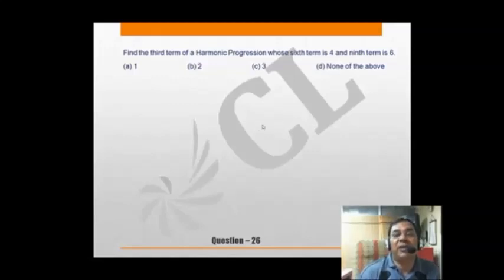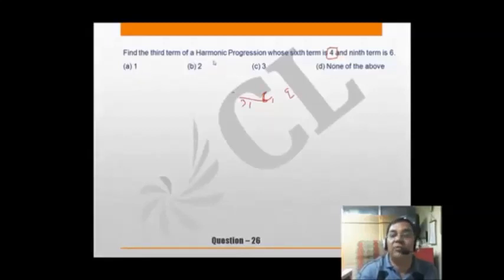Here I simply go, third, sixth and ninth terms are also making an HP. So I'll go for the option basis that the sixth term is the mean. 2ab upon a plus b should be equal to 4. So 6 into 1, 12, 2ab upon a plus b, 7.